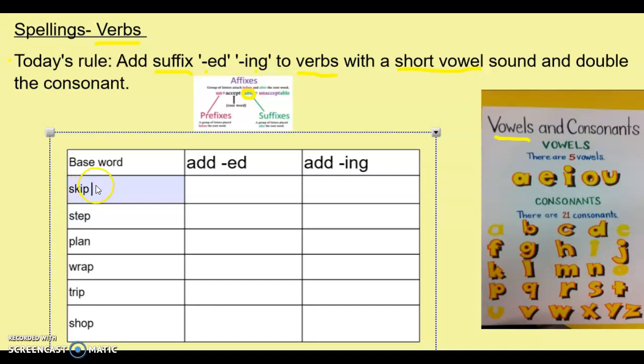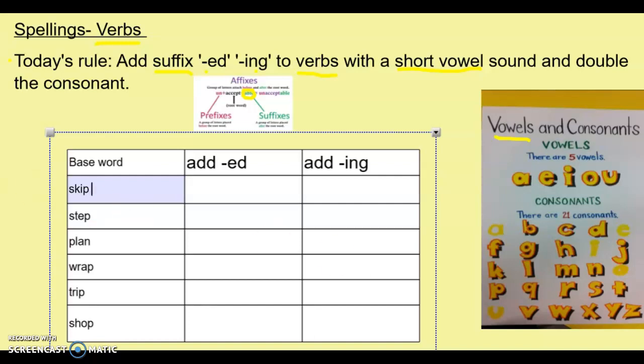So that means that we double up the consonant before we add a suffix. Add the suffixes to change the tense. Your next challenge is to see if you can write those verbs into a sentence. Then to extend that, you could see if you can find any of your own words that follow the rule of doubling the consonant and adding a suffix ed or ing.